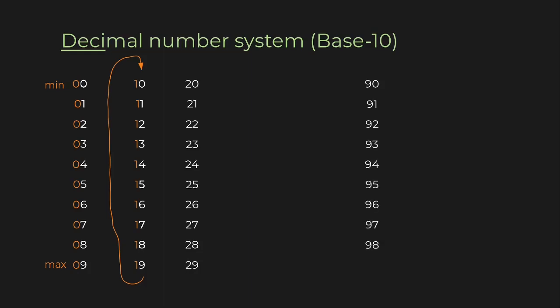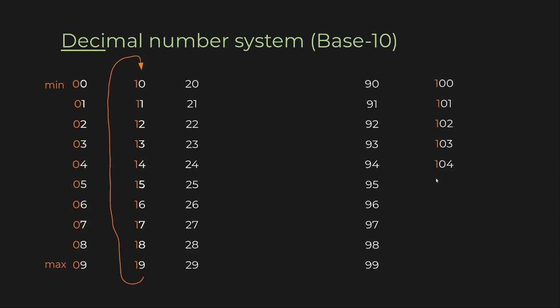Once you reach 99, now what happens? See, both digits have reached the maximum value in this system. So 9 becomes 0 and then 9 becomes 0 again. Then again we pick the next one in this sequence, which is 1 again. That's why you get 100. Similarly up to 109.